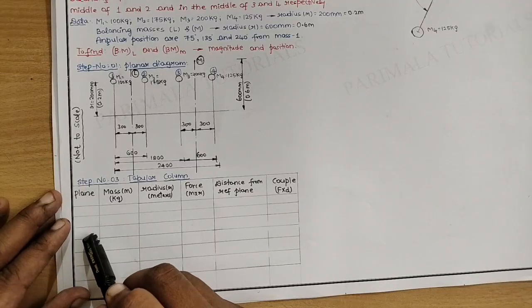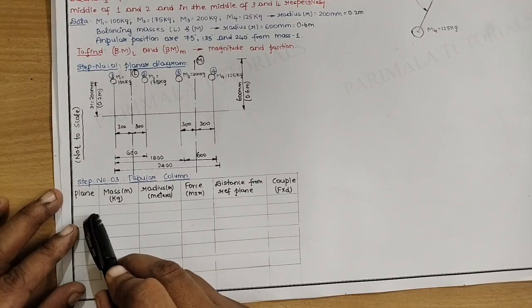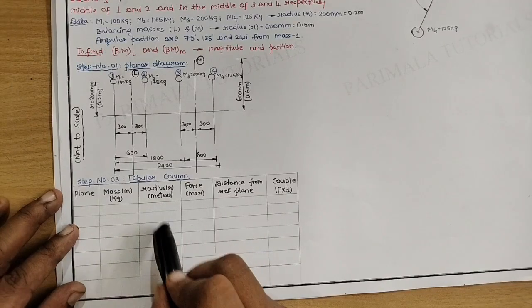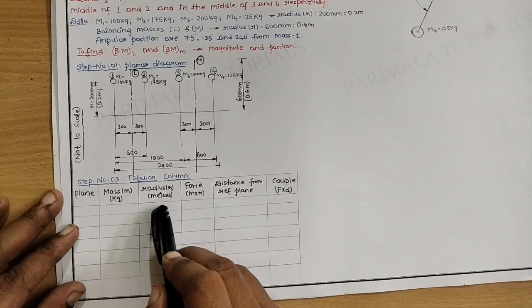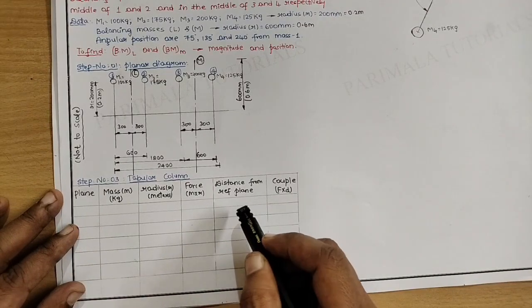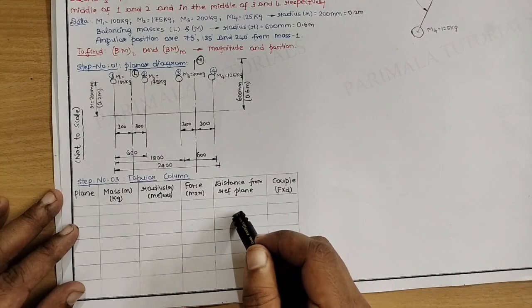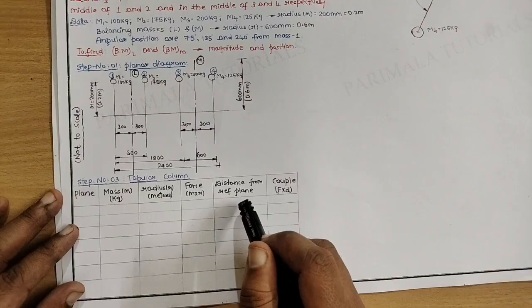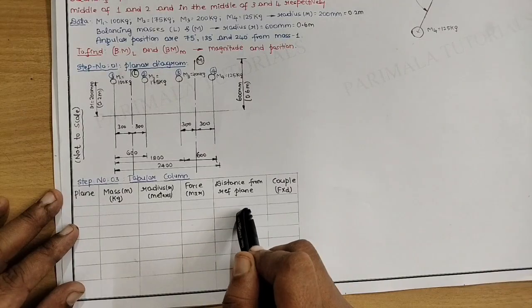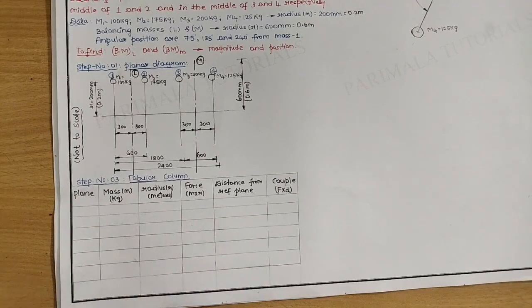The first thing is we have considered the planes and the masses in each plane, radius of each plane in meters, followed by the centrifugal force, the product of column 2 and column 3. And let us consider one common plane as the reference plane and the distance from the reference plane, followed by, once we have got the distance here, we can multiply force into distance to get the couple, one by one.